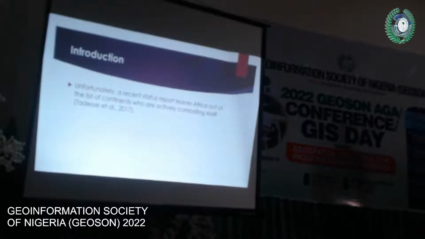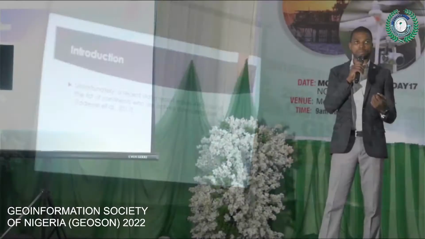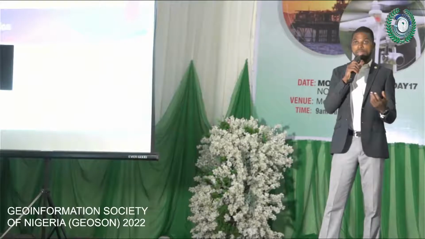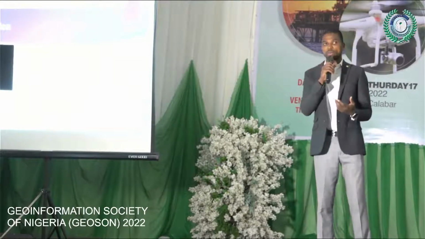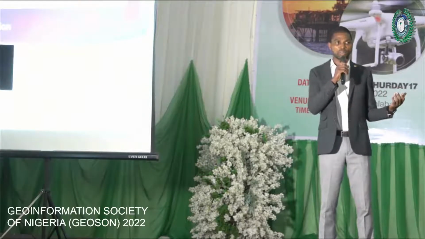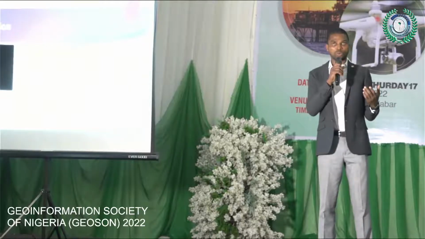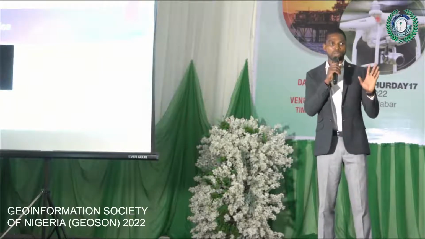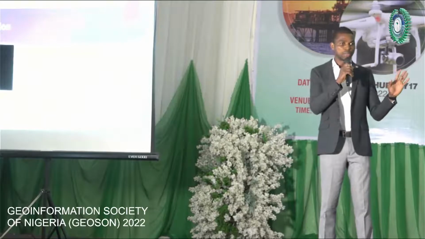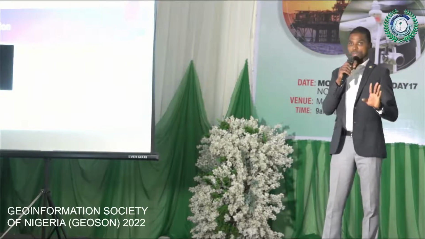So we see here that a recent report has shown that African continents are not actively combating antimicrobial resistance by policies, by health system, by rules. And even when we were doing this research, I found out that the application of spatial techniques to antimicrobial resistance had only 5 papers from Elsevier in the whole world, only 5 papers, and none from Africa.